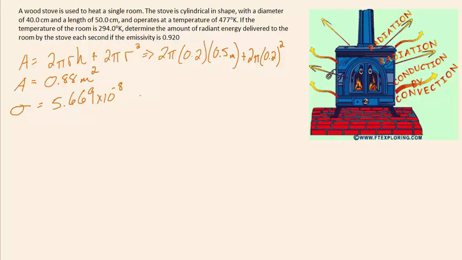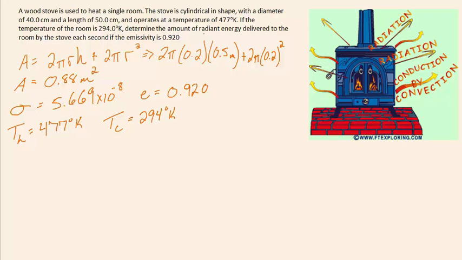And our emissivity is given to us with a value of 0.920. Our temperature at higher concentration is equal to 477 degrees Kelvin, while our temperature at lower concentration is equal to 294 degrees Kelvin.